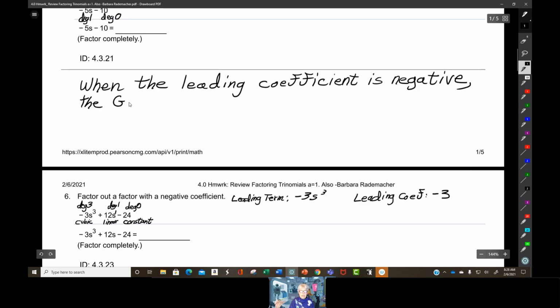The GCF, the greatest common factor, is a little different. The GCF must be negative. This puts in a whole new level of complication. Yes, it does.